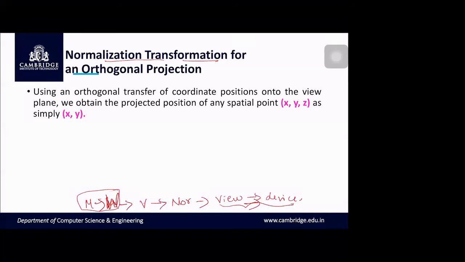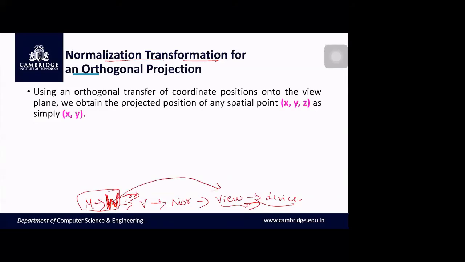But you have seen in our previous section, do you remember, we converted window to viewport. Please, if you have that, open that. Window to viewport. While converting window to viewport, what did we do? There were two steps.